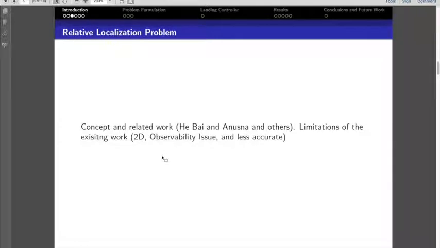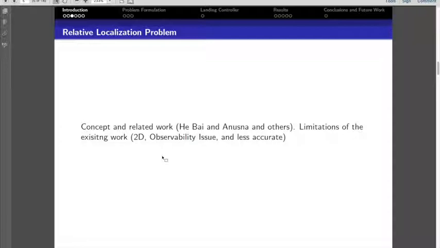Okay, then I would say that you can maybe just explain the difference between absolute and relative, and you can say that absolute positioning is important for path planning purposes when you have to go from point A to point B. But when you are doing close coordination and control, relative position is more important. So the focus of this paper is relative localization.